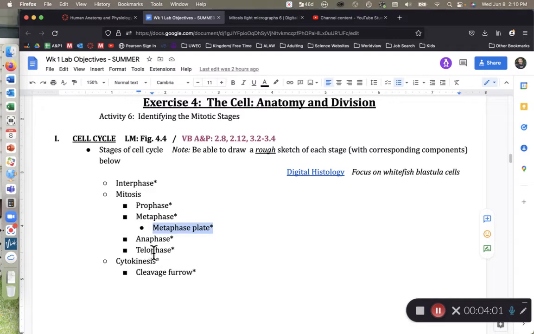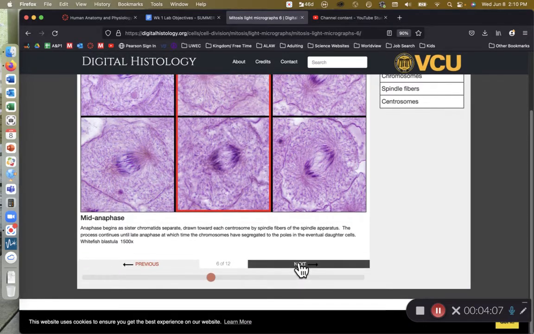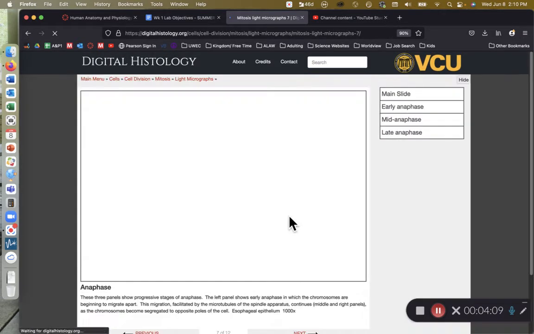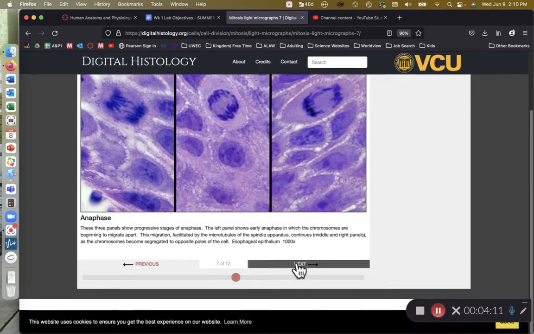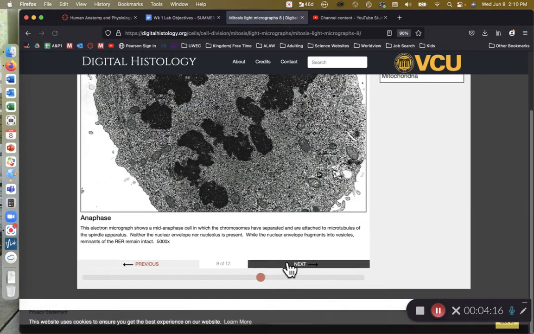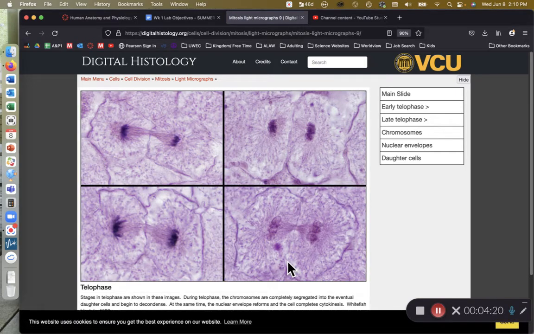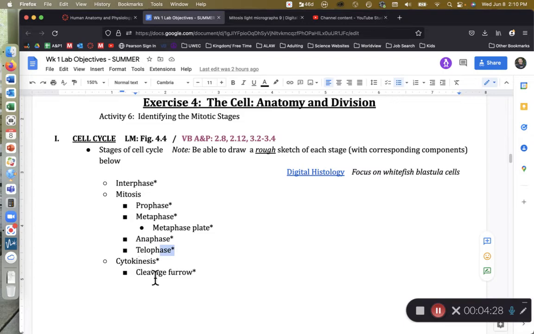After anaphase, we have telophase that we need to be able to recognize via a photomicrograph. Let's skip ahead to telophase. We're skipping the electron microscopy at all. I want to emphasize that telophase overlaps with cytokinesis.